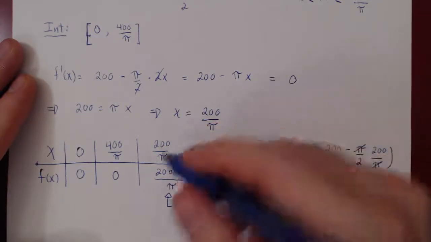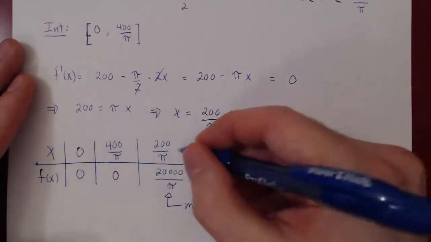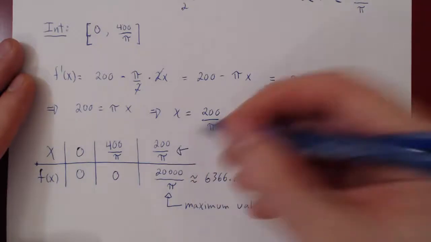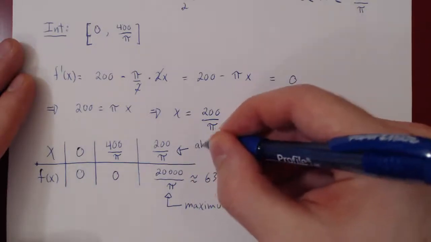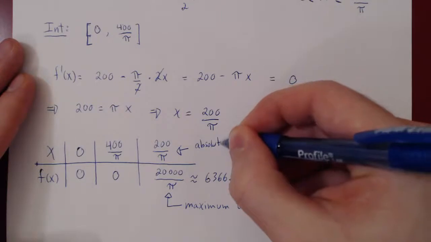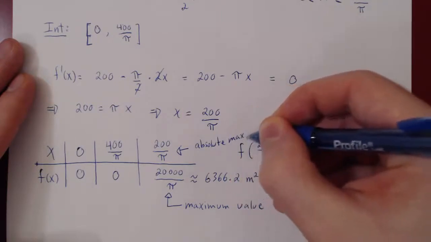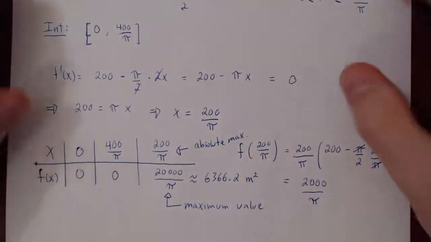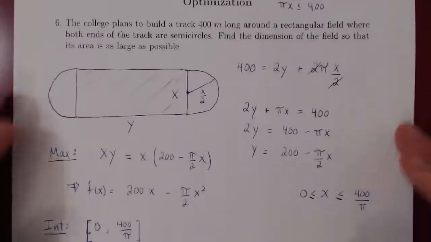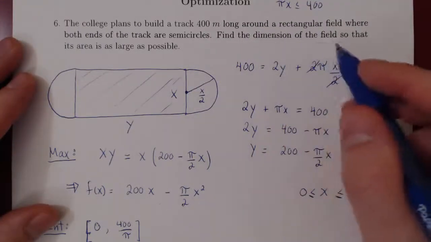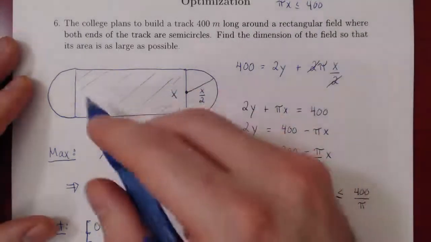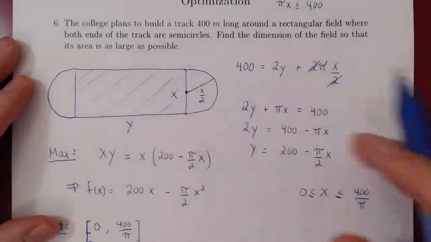This is clearly your maximum value. And therefore, 200 over pi is the absolute max, or global max. But if you remember, the question was asking to find the dimension of the field so that the area of the rectangular field is as large as possible.